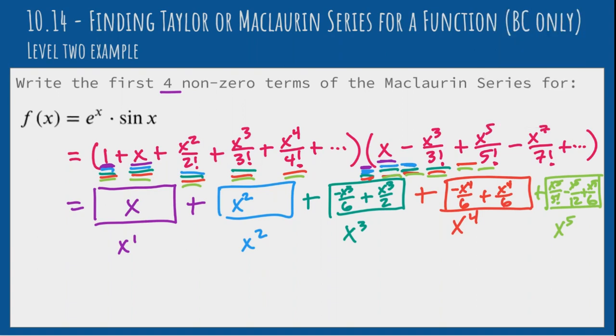So simplifying here, we're going to get first term x, second term x squared. Next term, get a common denominator here. We're going to have plus 2x cubed over 6, so plus x cubed over 3. x to the 4th term drops out. x to the fifth term, it's going to take a little bit of work here.